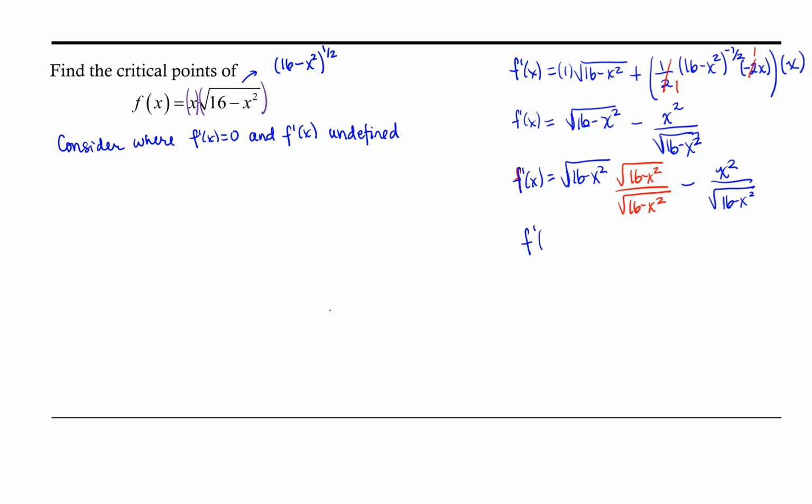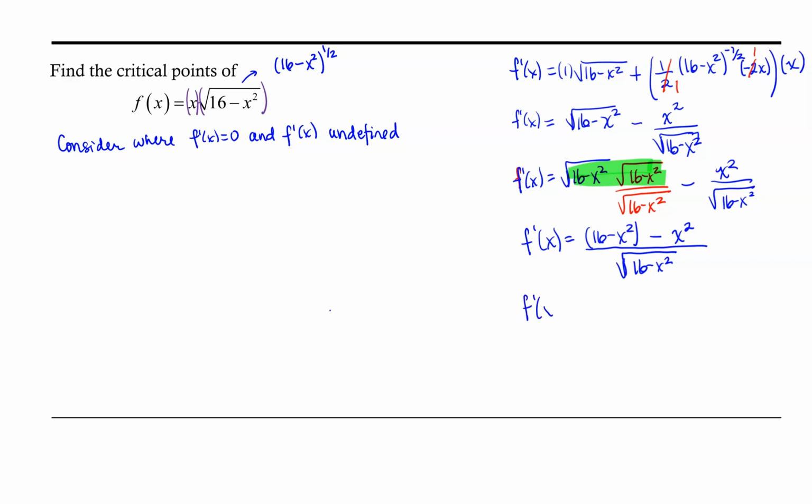So that leaves us with our derivative being, so our denominator is clearly square root of 16 minus x squared. When I multiply these two square roots together, I end up with simply 16 minus x squared, minus then the numerator in my second term, which is x squared.